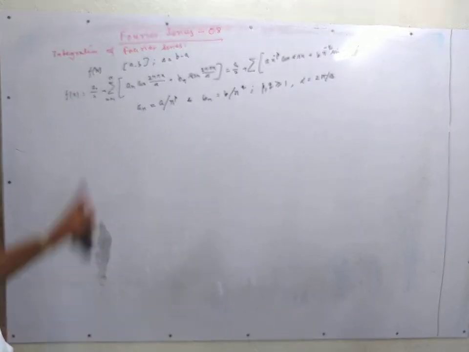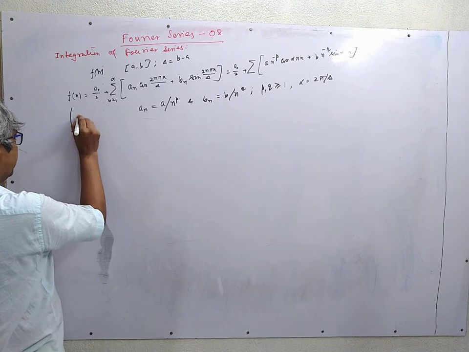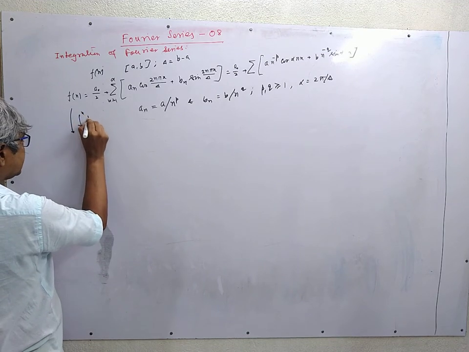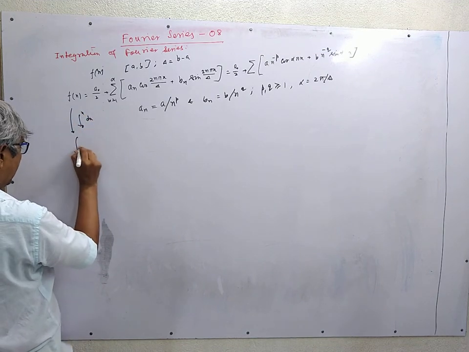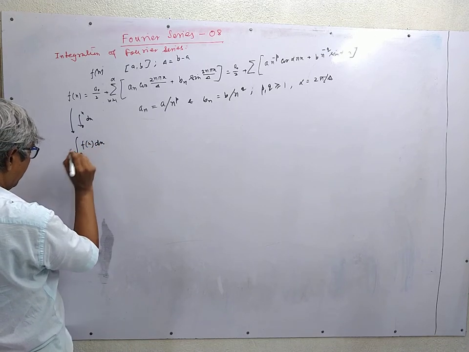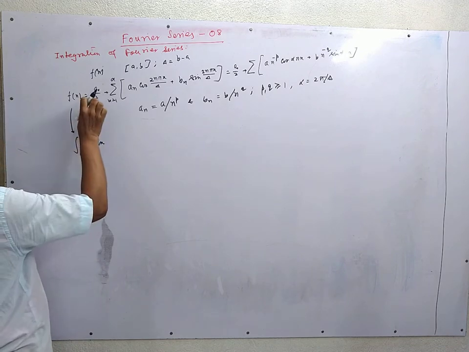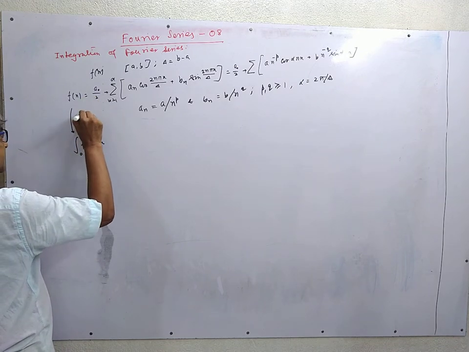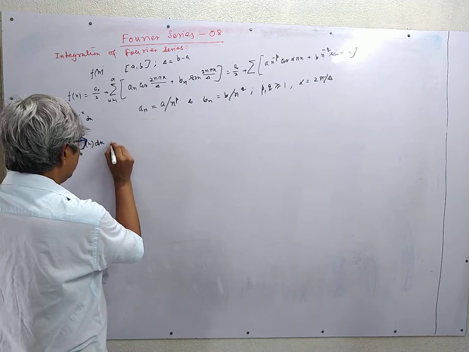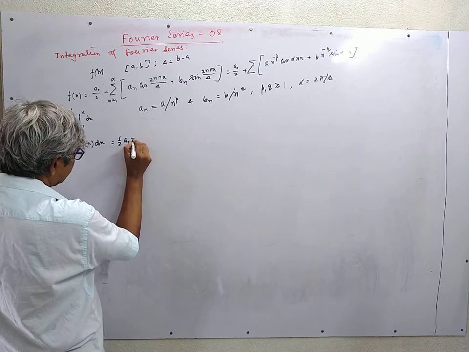If we integrate this between 0 to x dx, then we will have the integral of f of x dx from 0 to x, and on this we will have half a0 x.